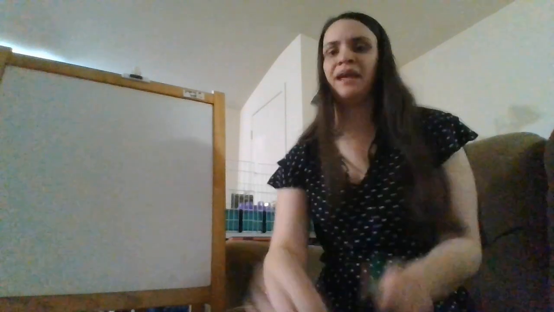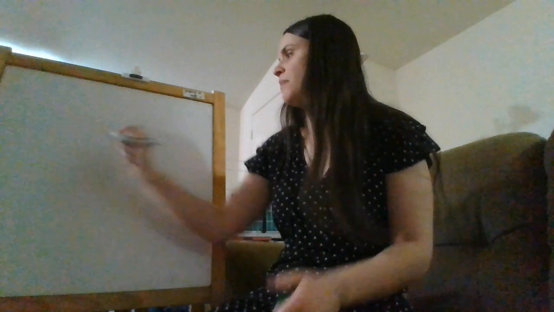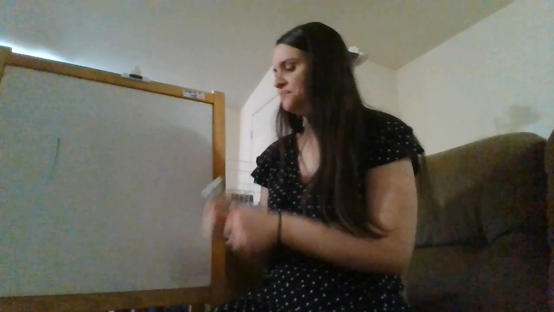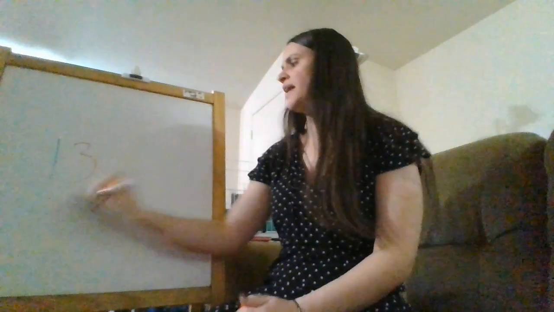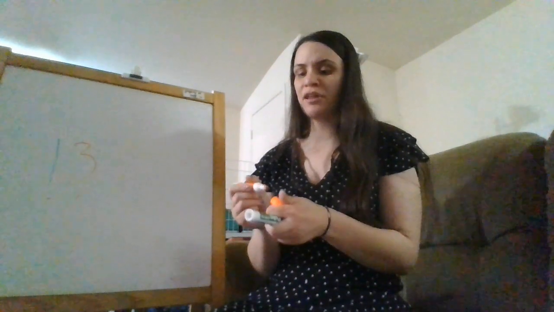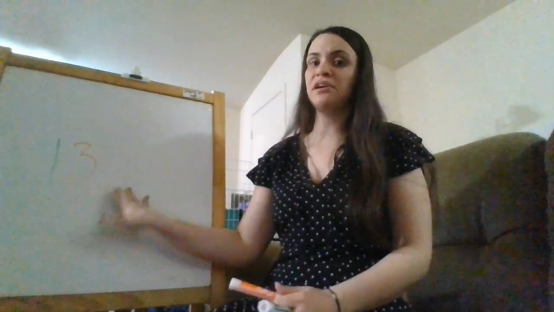Now we're going to do the name of our numbers. So now we're going to go over our numbers. Who could tell me what number a 1 and a 3 is? What number is a 1 and a 3? This is the number 13. Can we say 13?